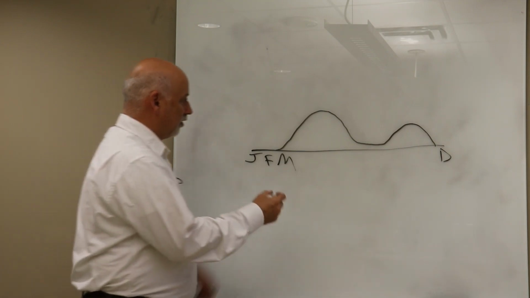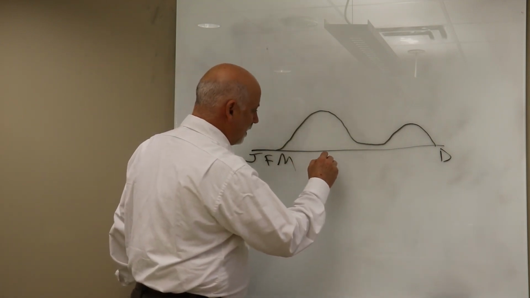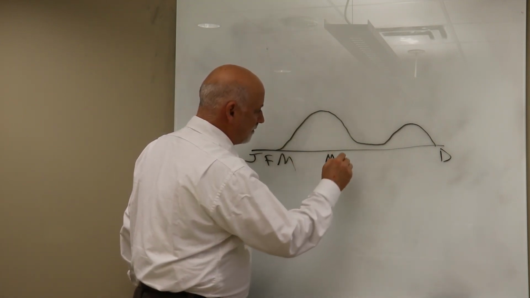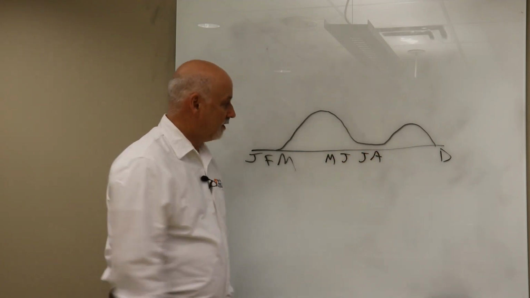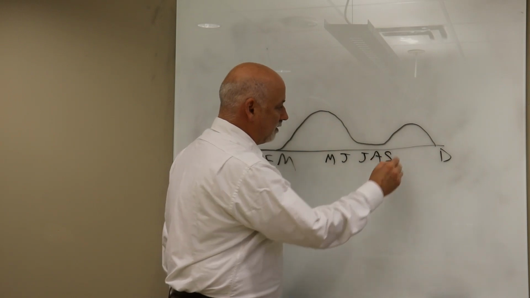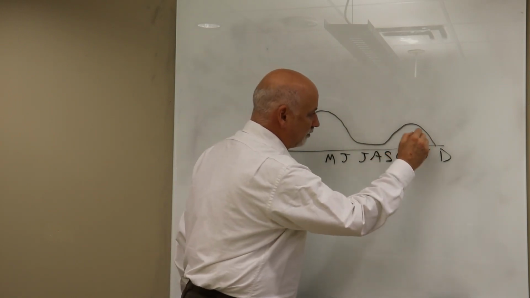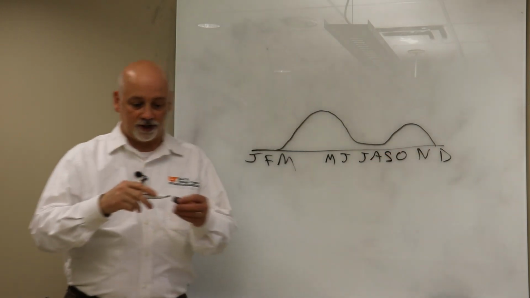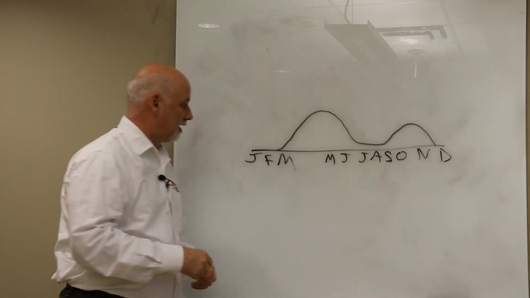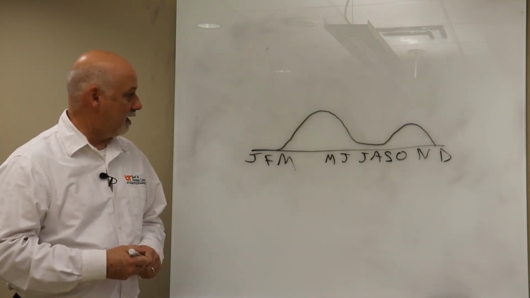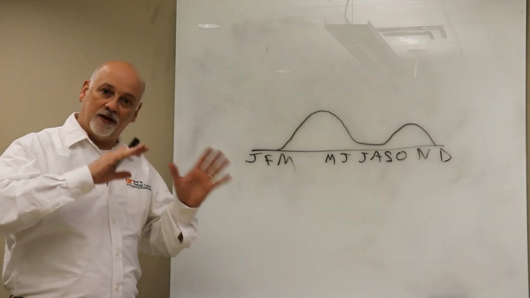It's going to grow pretty well in that May and June period. In July and August, it's going to slump. And then September, October, and November, it's going to basically go dormant.